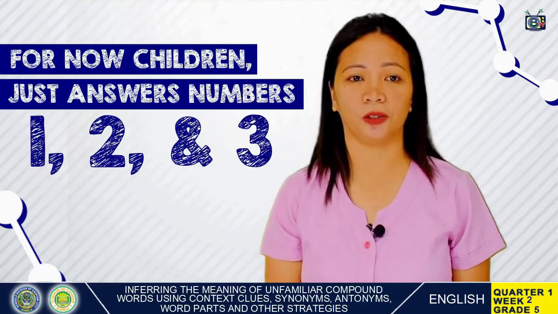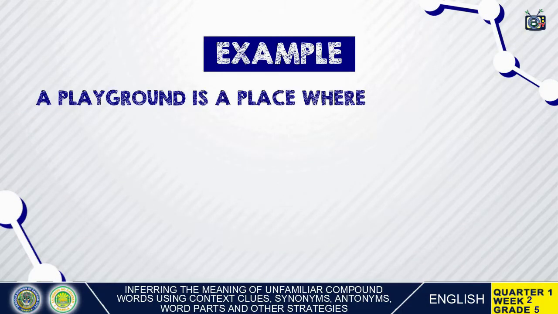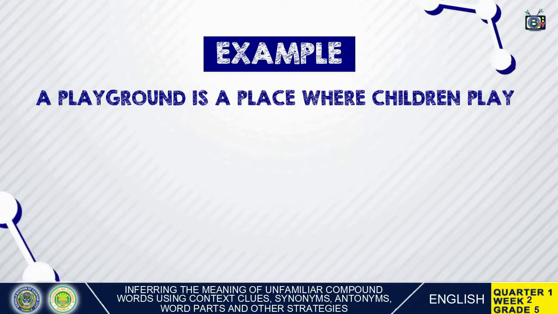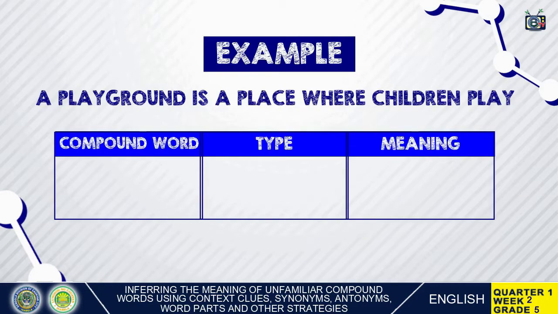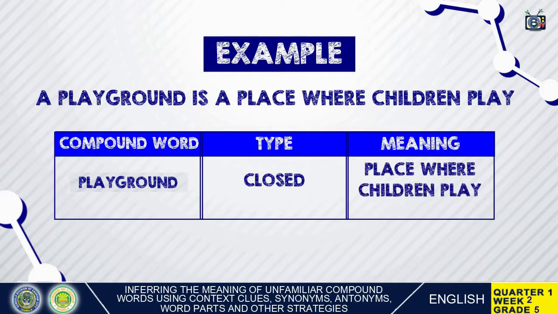after the discussion. Example, a playground is a place where children play. The compound word in the sentence is the word playground. And the type of the compound word is closed. And the meaning of the compound word is place where children play.